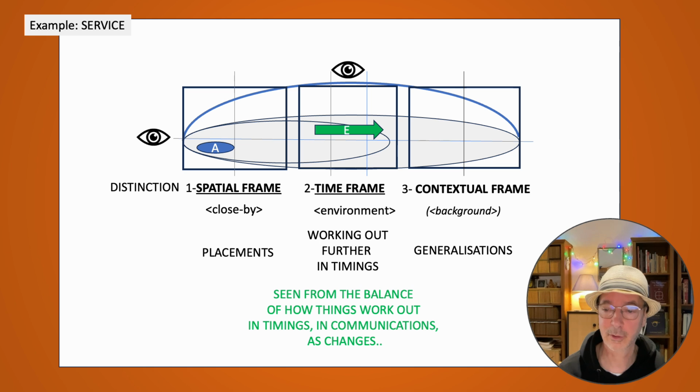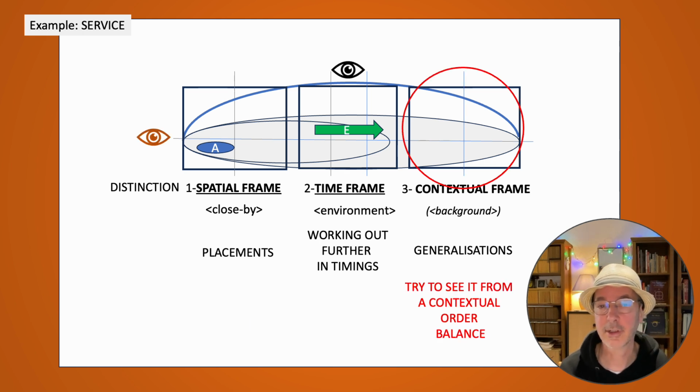That's why I also use an investigation of the Chinese script, because it uses the middle frame and it sees all the balances as the foundation to figure out how things hang together in timings, in communication, in all of its changes and the positions of these changes into a larger context.